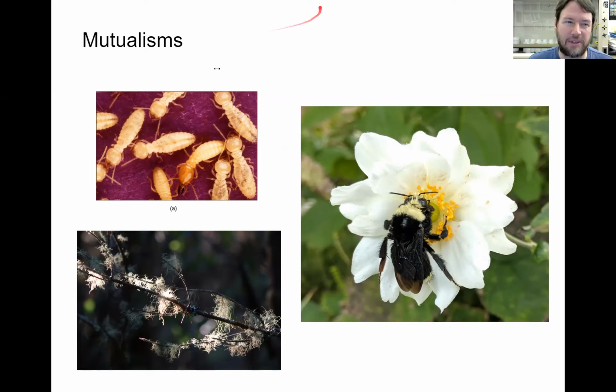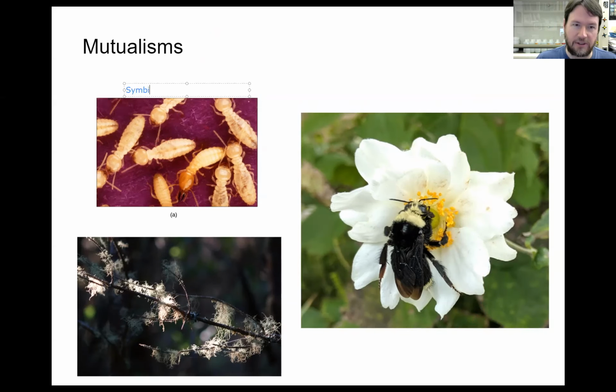We'll talk about it in lab too, but symbiosis. That just means living together, and it could be a mutualistic symbiosis, or it could be a parasitic symbiosis, or a commensalistic symbiosis. But in any case, there's a symbiosis between these unicellular eukaryotes in the termite gut and the termites. So those single-celled organisms can actually break down the wood, digest the cellulose.